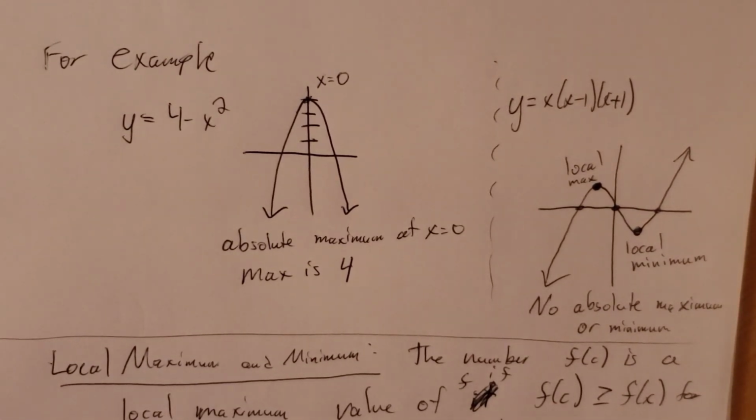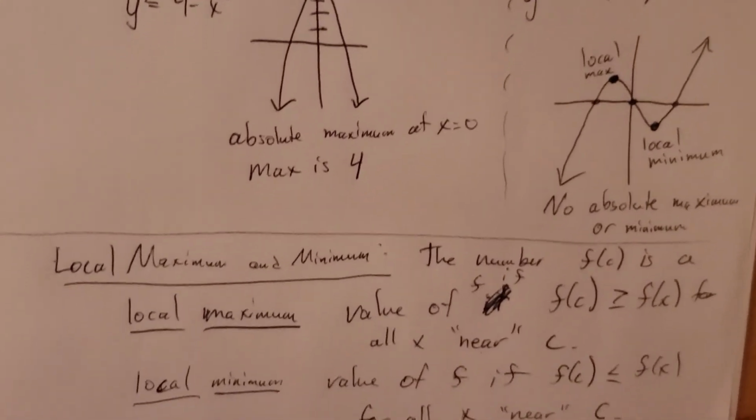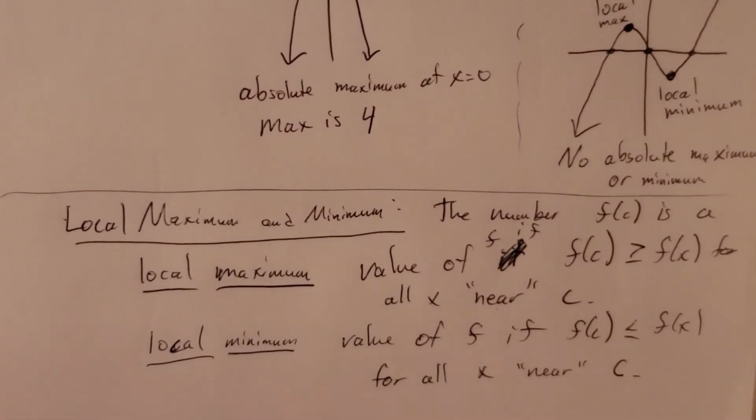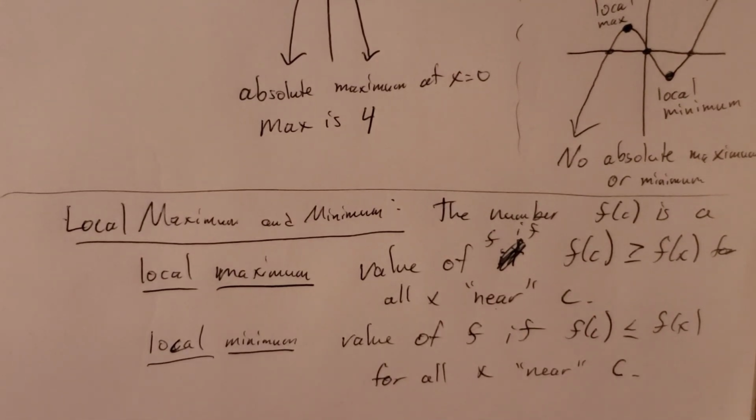So we can see what local maximums and local minimums are relative to graphs, at least. And again, they follow these definitions, although we aren't being very clear on what near means. And really, we just mean for all x in an open interval around c, and that open interval can be as small as we'd like for this to be true.